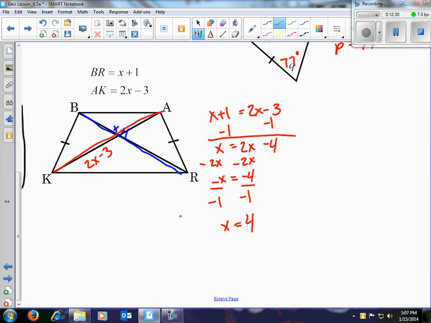Now I could go back and figure out what my diagonal is by saying 2 times 4 minus 3 is equal to AK, and 2 times 4 is 8, minus 3 is 5, so 5 is equal to my diagonal AK, and since AK is congruent to BR, then BR is also 5.